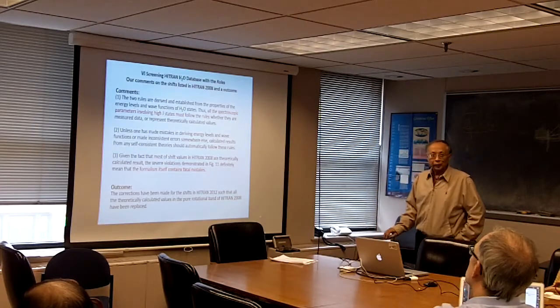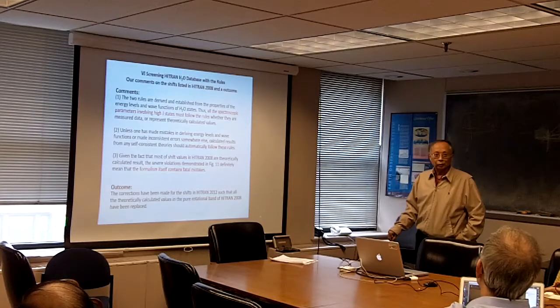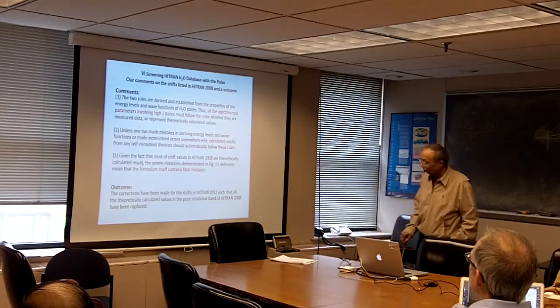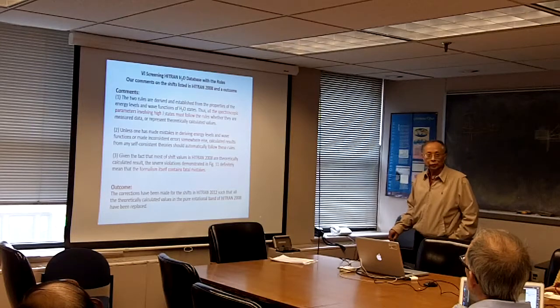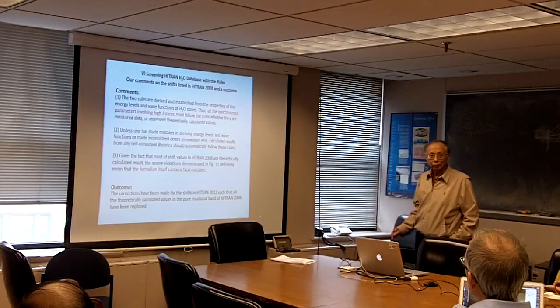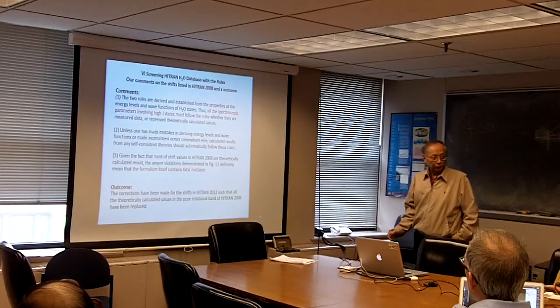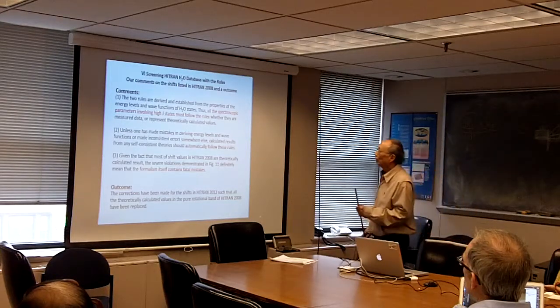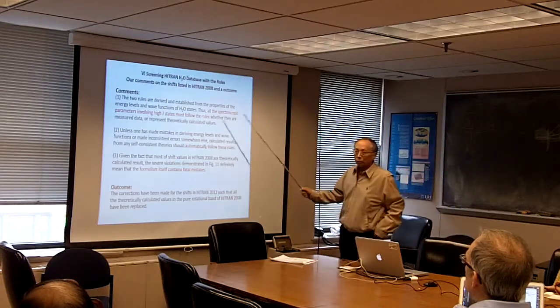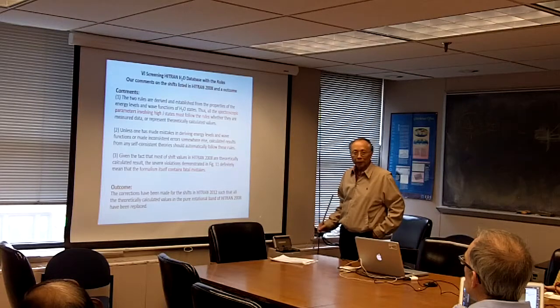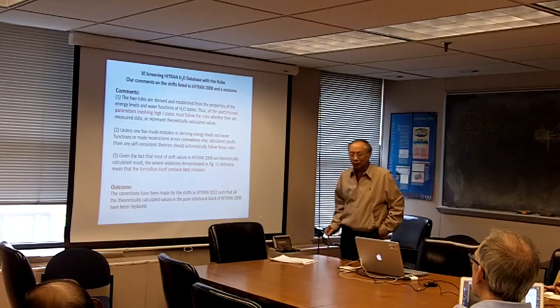I made a comment more than two years ago, when I finished these studies. I told the person in charge of this database that he made serious mistakes. The two rules are derived from the properties of energy levels and wave functions.